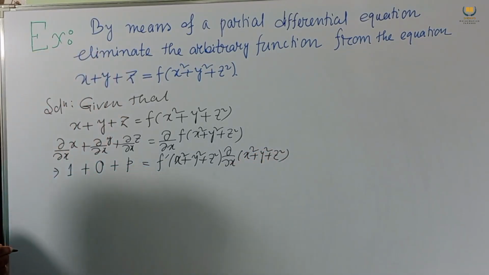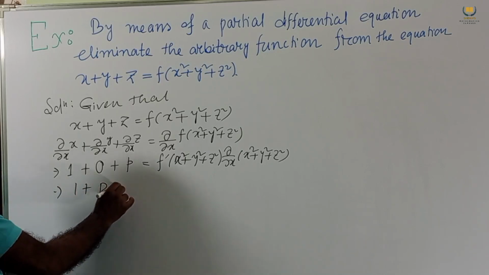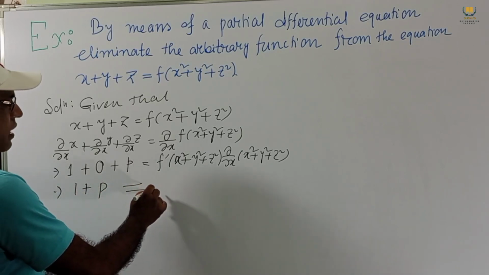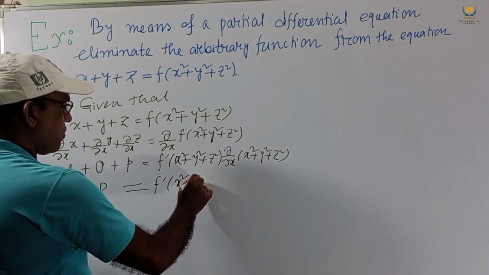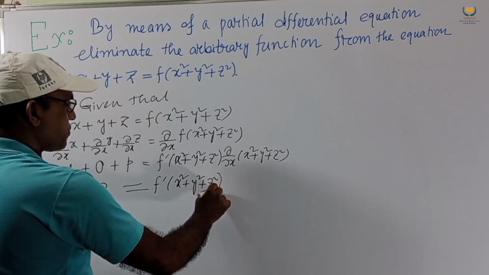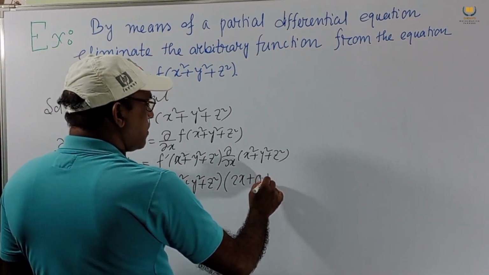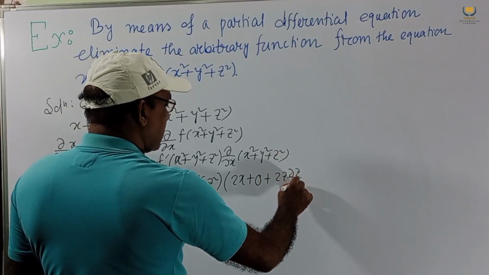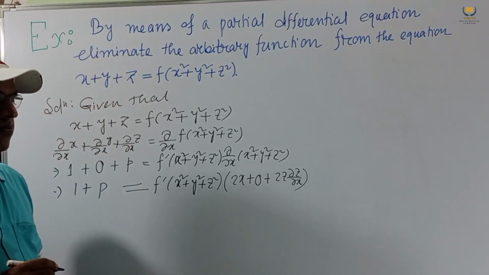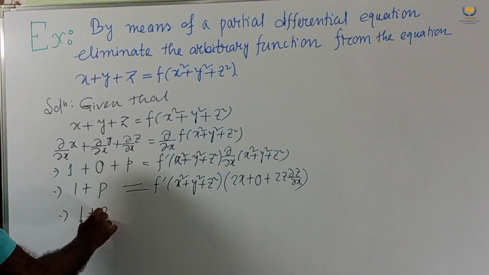So 1 plus p equals f dash of x square plus y square plus z square times twice x plus 0 plus twice z del z by del x, and this gives 1 plus p.